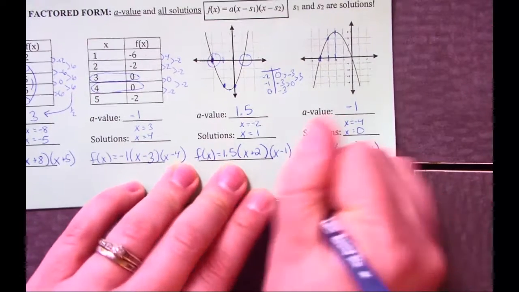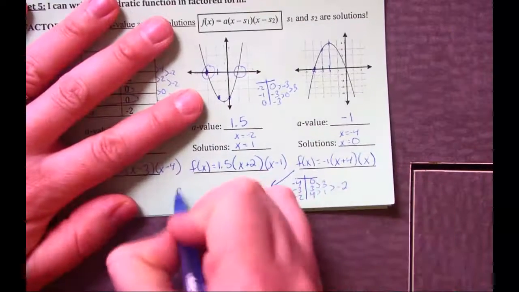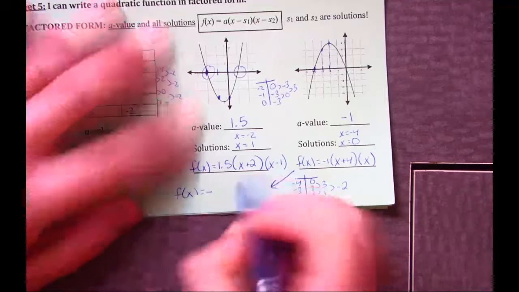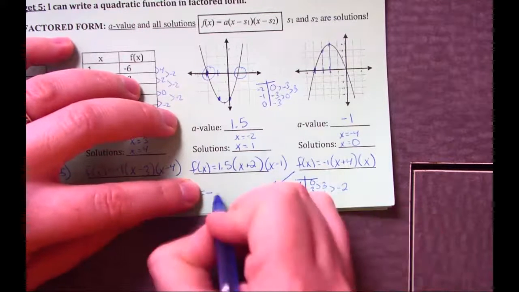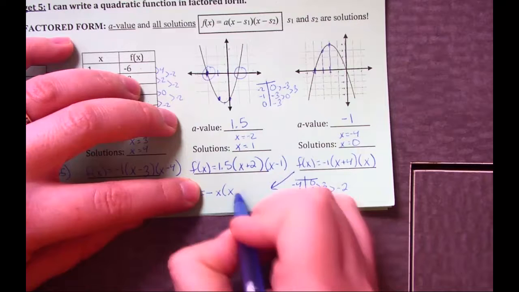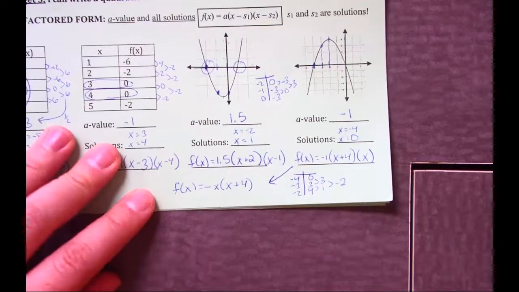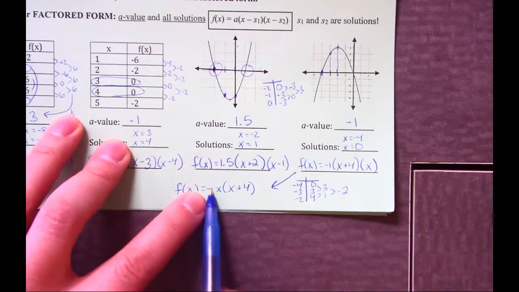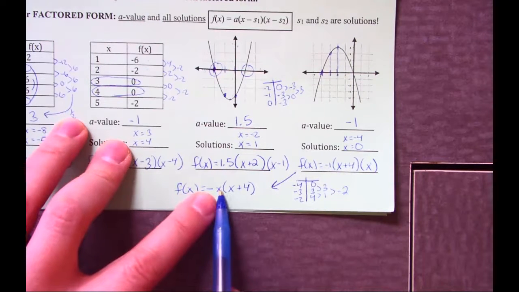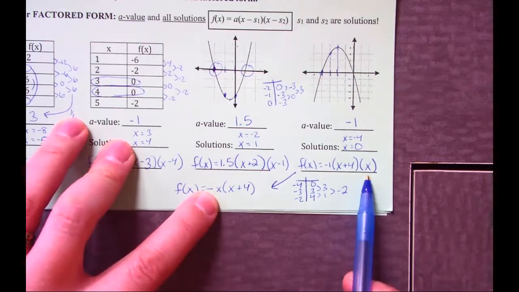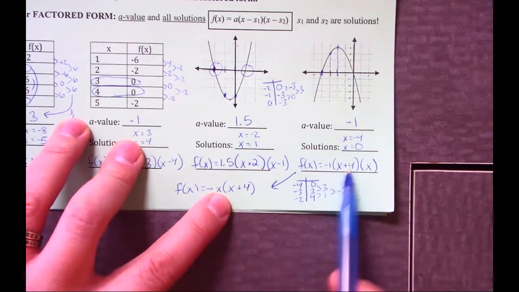And then you might also see this function written like this. You have your negative from your -1, just a plain x, and then x plus 4. That's another way that you might see that function written. -1 is your a value, x is one of your solutions, and then x plus 4 represents where the other factor's solution is.